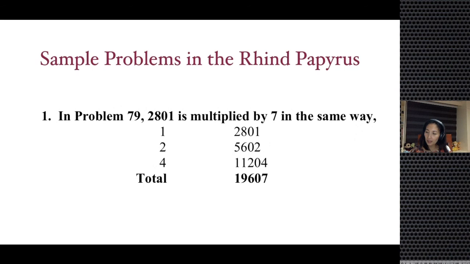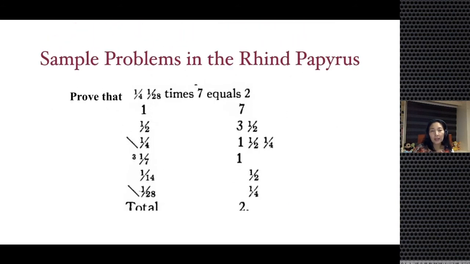Exactly. 1 plus 2 plus 4 is equal to 7. So add this all up, the total will be 19,607.